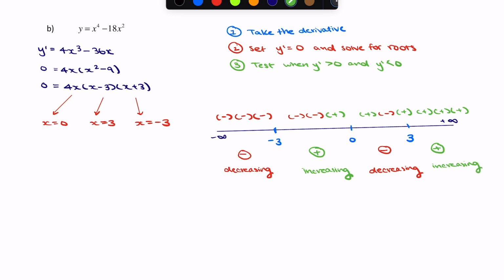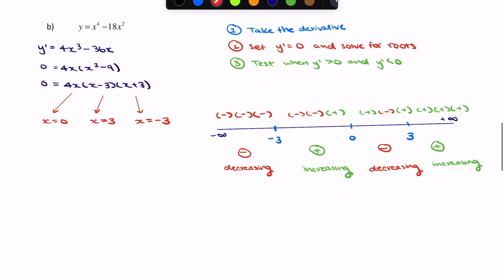So here we notice again the change in direction between -3, 0, and 3. And so here we know that there will be a local minimum and maximum. So decreasing and then increasing, so we know that there is going to be a local minimum at x is equal to -3.